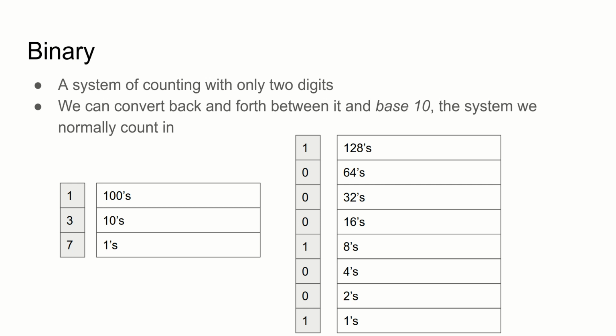So we refer sometimes to decimal numbers as base 10, and we refer to binary numbers sometimes as base 2.